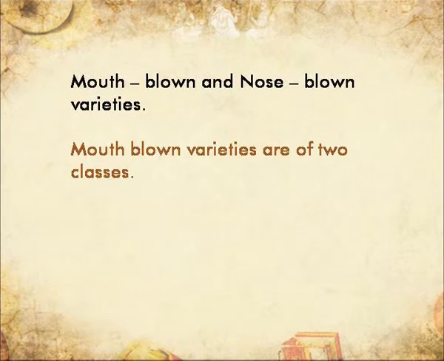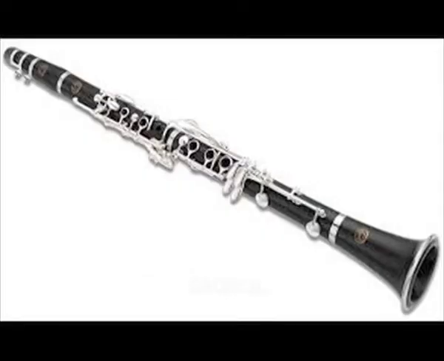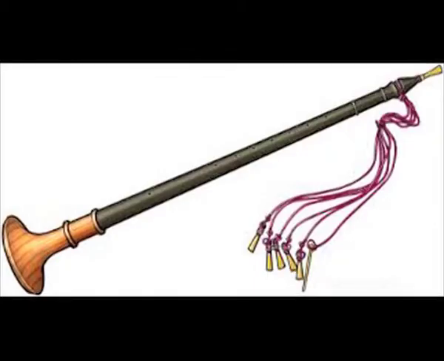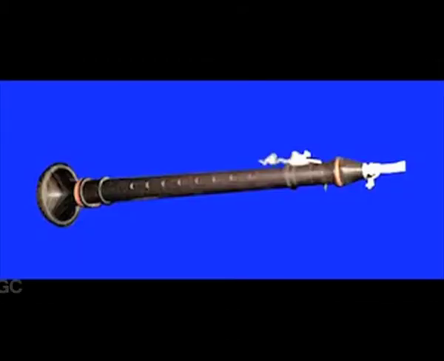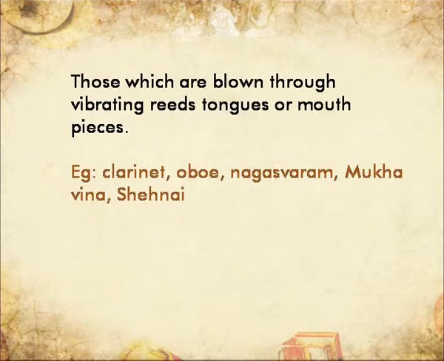The mouth blown varieties are of two classes. 1. Those which are blown through vibrating reeds in tongues or mouthpieces. The clarinet, oboe, nagaswaram, mukhaveena and the shehnai are instances of this class.